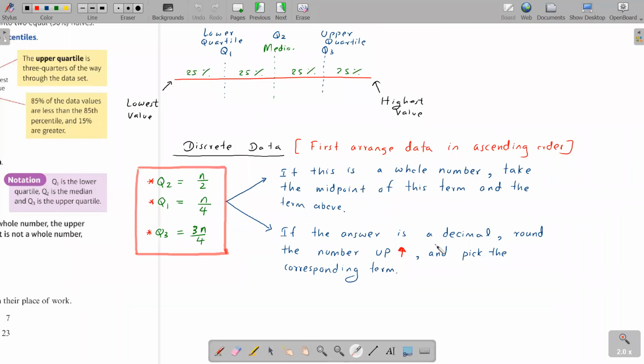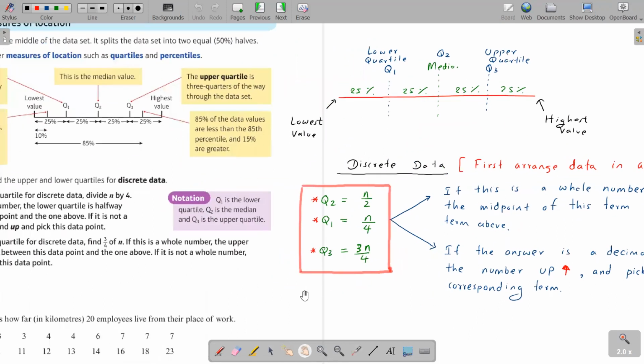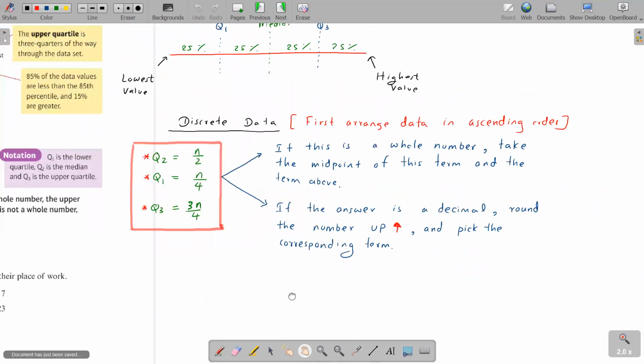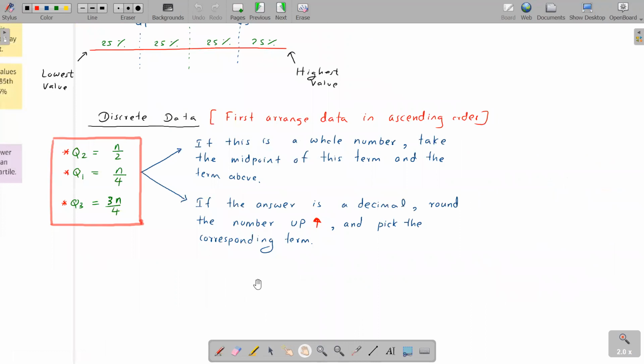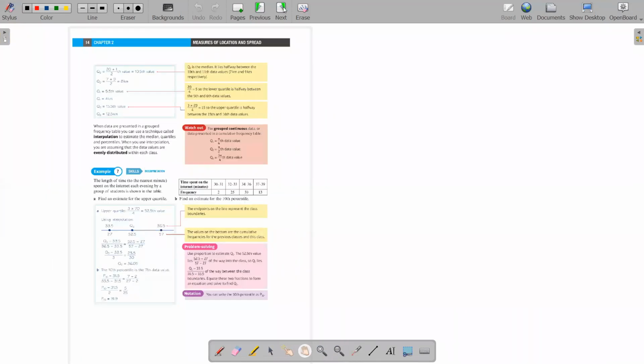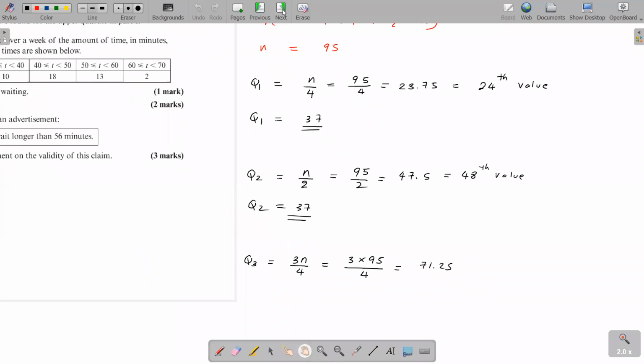Round the number up in the sense of the upward arrow, we take the number to the higher value. This is the rule you're supposed to follow in the S1 book. So they ask you to round the number to the higher integer. 71.25, the higher integer is 72. So the 72nd value.